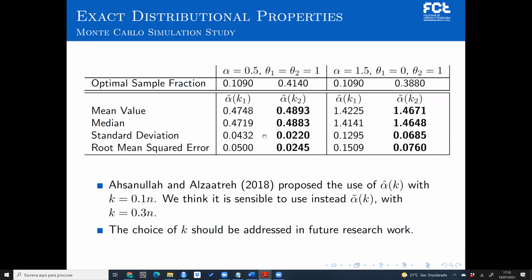Although with these results, we think it's sensible to use the bias corrected version of the estimator, but with the level of K equal to 30% of the sample size, since here we have the optimal sample fraction about 40% of the sample size. Okay, but the choice of K should be addressed in future research work.